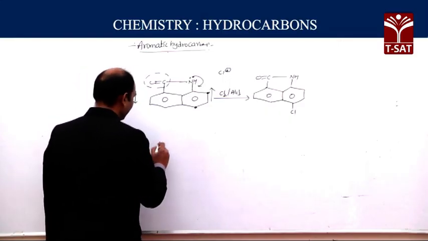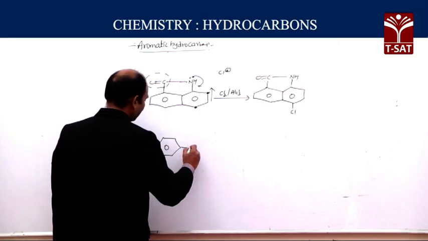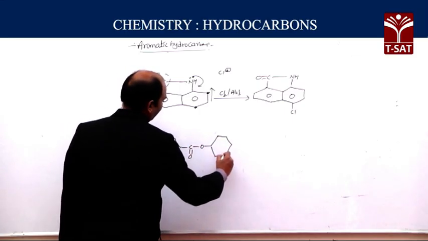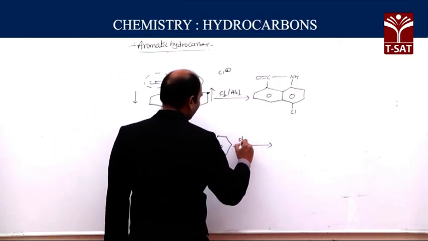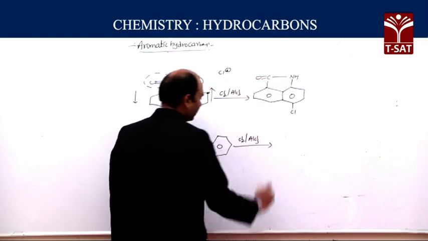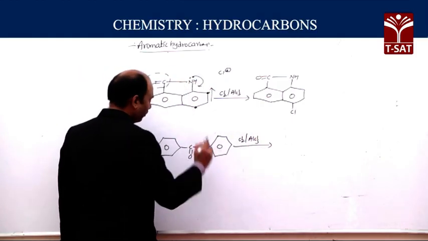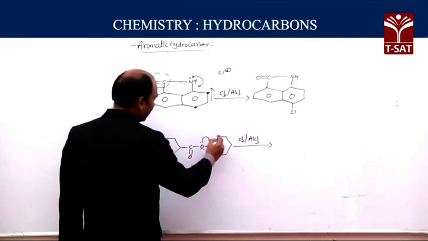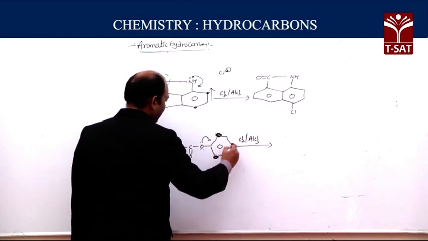Similarly, if you observe this compound, there is C=O here. If it is treated with Cl2 and AlCl3 again, where does it attack? Here there is a lone pair. This one gives its electron pair to the benzene ring, that means electron density increases at the ortho and para positions.